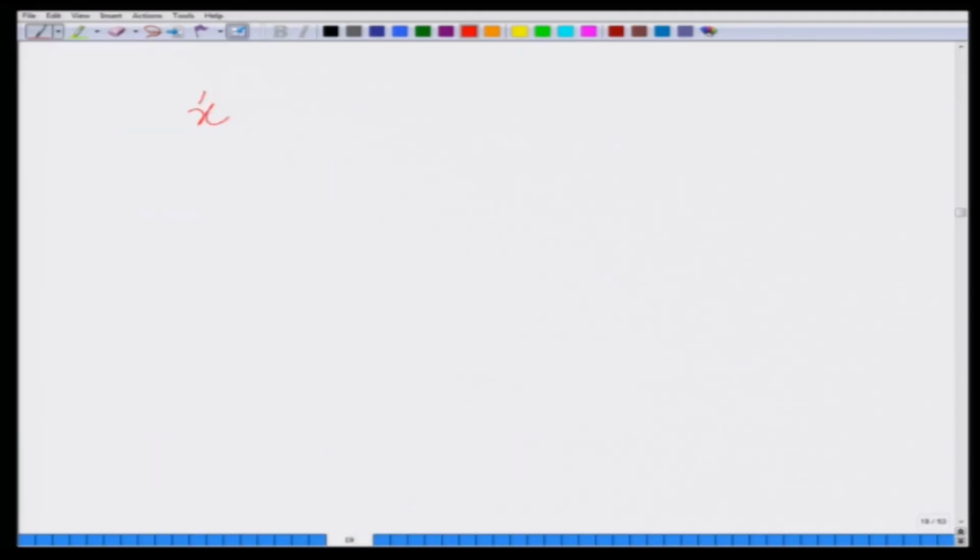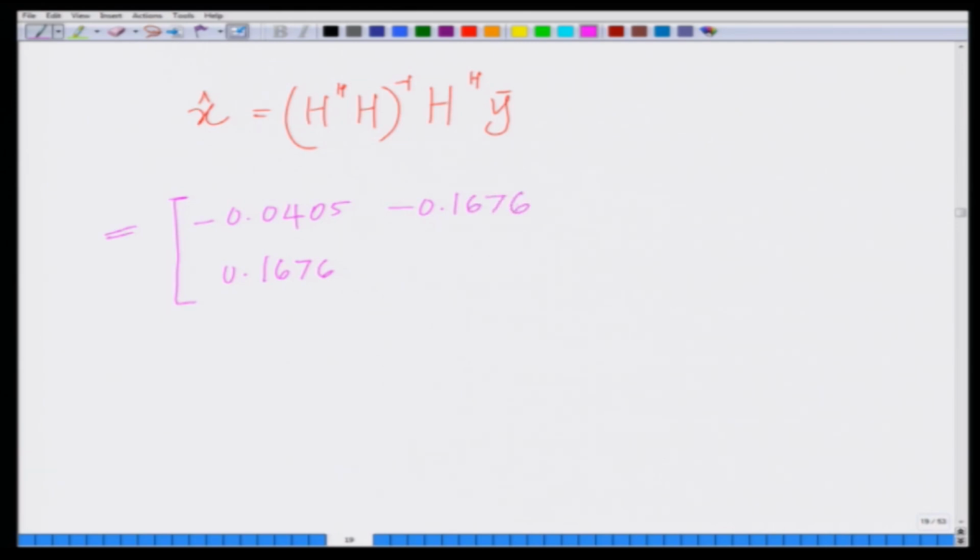Now, the zero forcing receiver is simple. The zero forcing receiver is x hat equals H Hermitian H inverse H Hermitian y bar, which is equal to minus 0.0405, 0.1676, minus 0.1676, 0.2659, 0.3121, minus 0.1503 times y1, y2, y3.